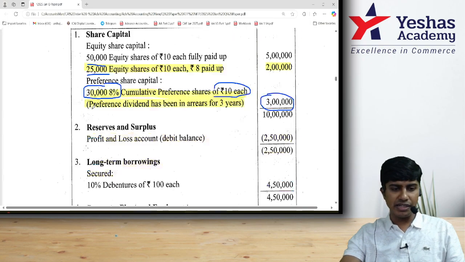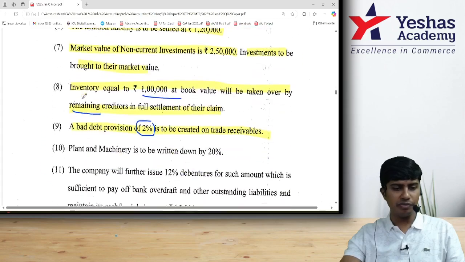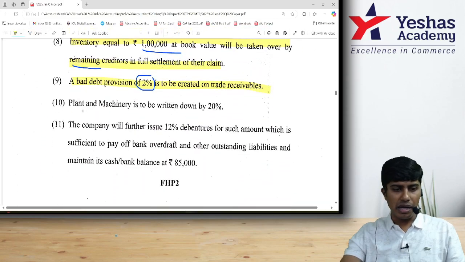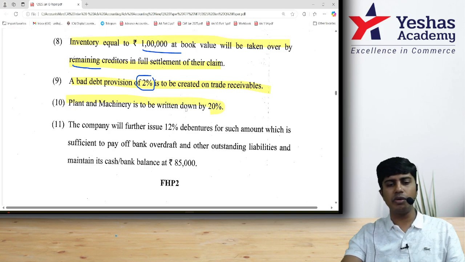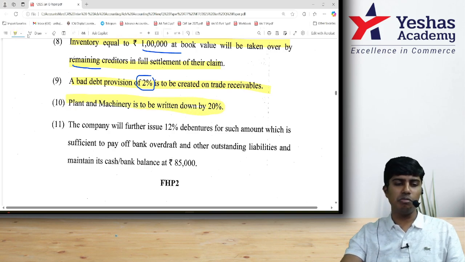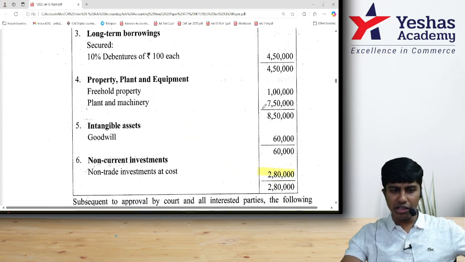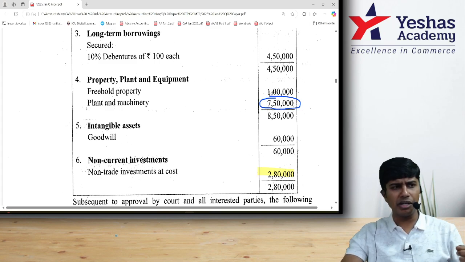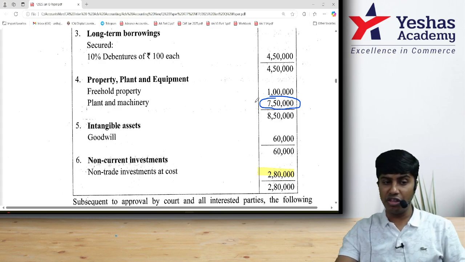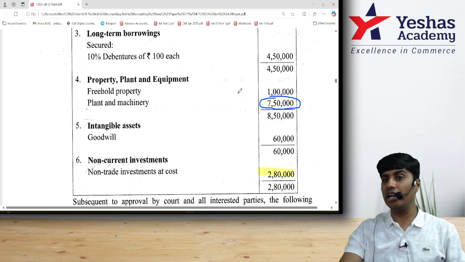After that, let's see the 10th one. What do we have in the 10th one? Plant and machinery is to be written down by 20%. Identify the value, multiplied by 20%. Come to the question. Plant and machinery is 7,50,000. Did they tell property, plant and equipment or plant and machinery? Only 7,50,000. If they had told PPE, we would have taken 8,50,000.